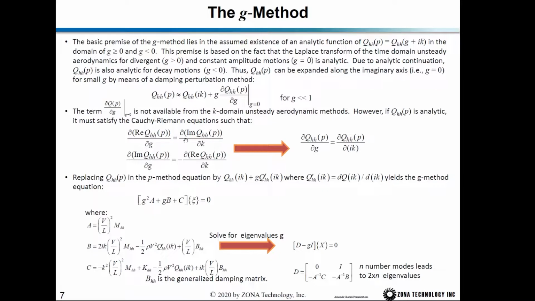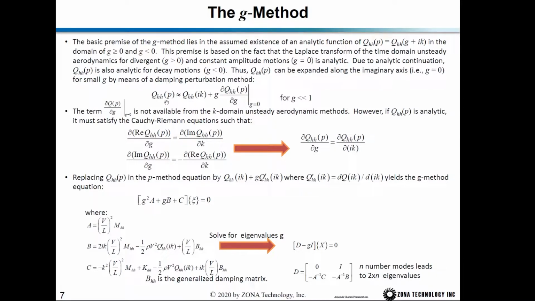This is the Cauchy-Riemann equation. If you combine those equations, you'll find that partial Q partial g equals partial Q partial ik. This implies the slope of the GAF along the damping axis is equal to the slope of the GAF along the frequency axis. So we can replace this term by this term.